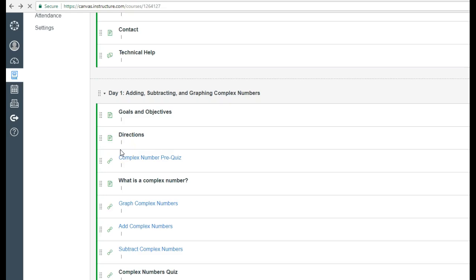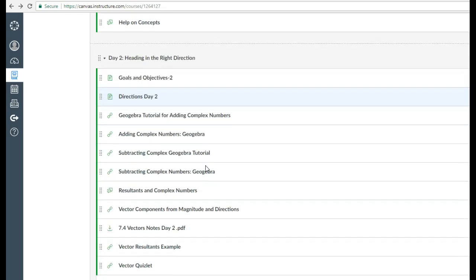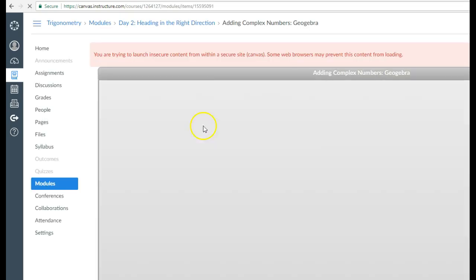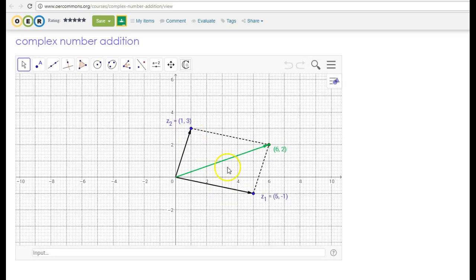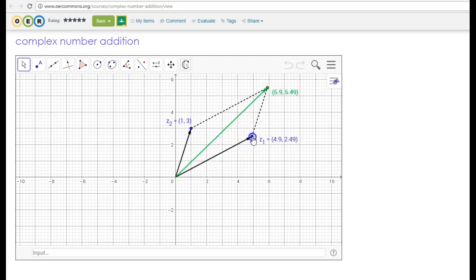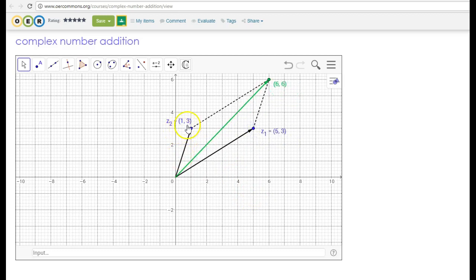I should look at day 2. Here's day 2, one of these adding complex numbers with GeoGebra. And this is one that some students had difficulty accessing, so I had to make a visual to go along with this. And so here students are manipulating this.